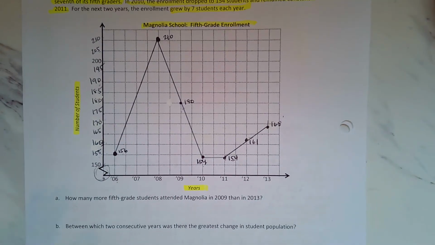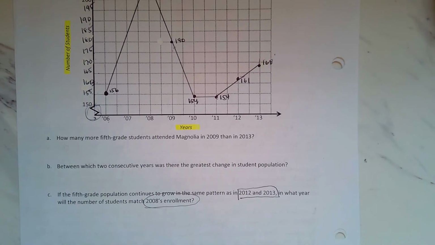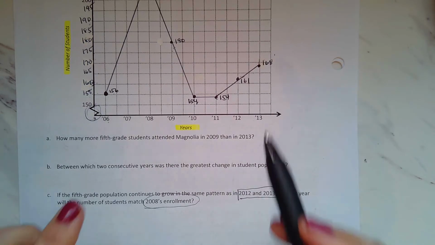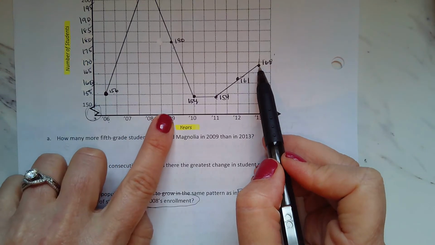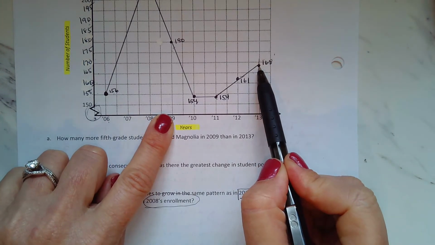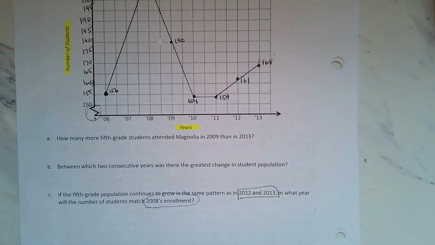All right. Now that you have your graph completed and filled in, now you have your data. Now you can use your data to answer the questions. So part A, how many more fifth grade students attended Magnolia in 2009 than in 2013? Looks like a subtraction problem to me.